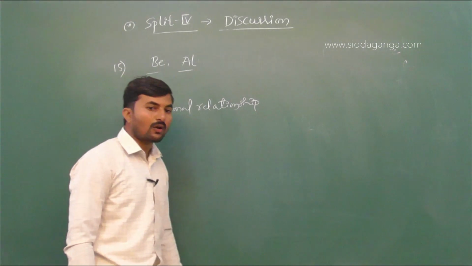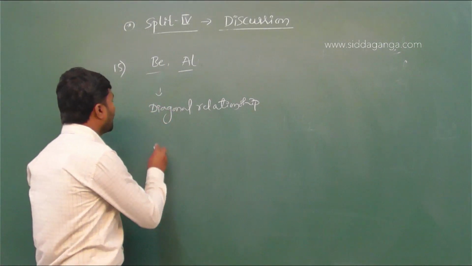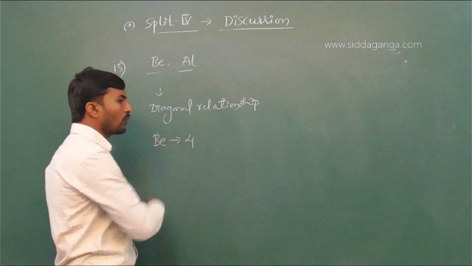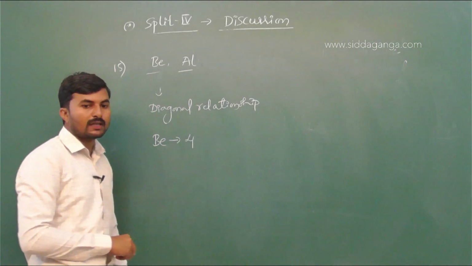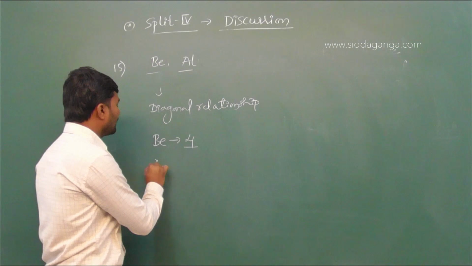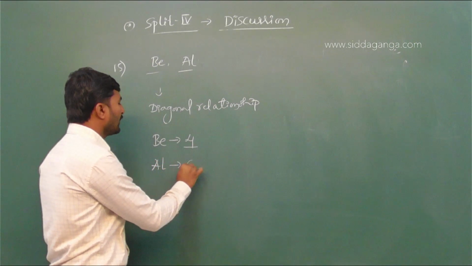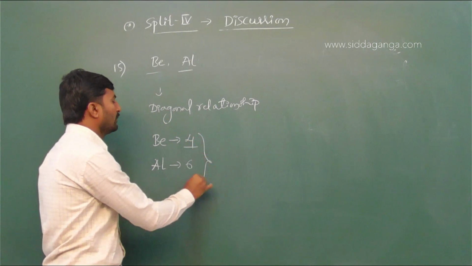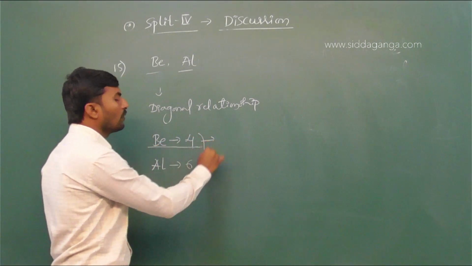Okay, that is the wrong statement because the maximum covalency of beryllium is 4 only. The maximum covalency of aluminium is 6. Both differ by their covalency because beryllium has only 4 electrons.